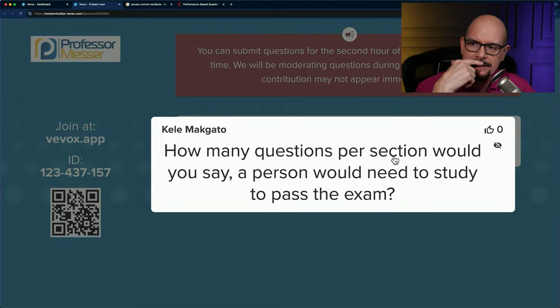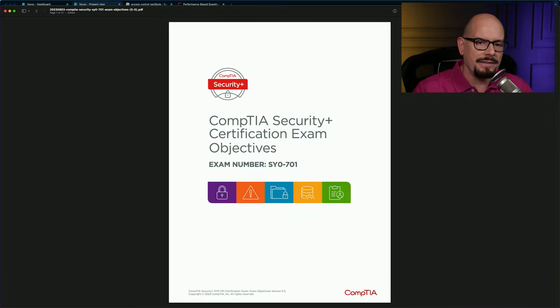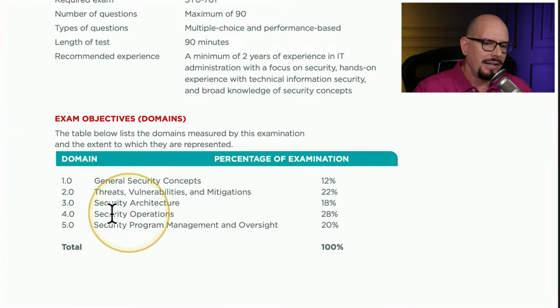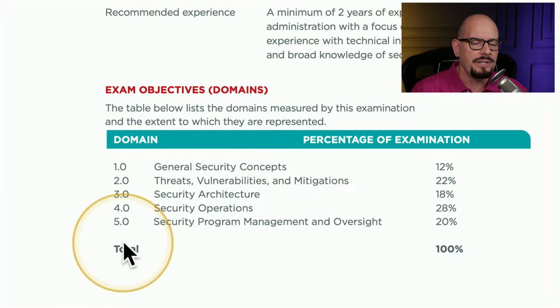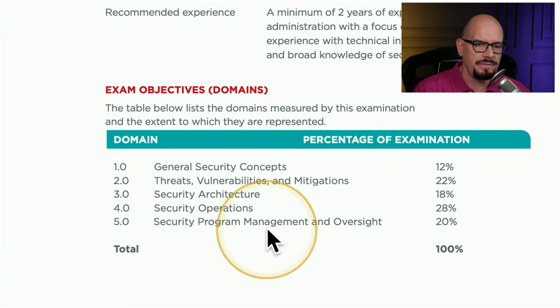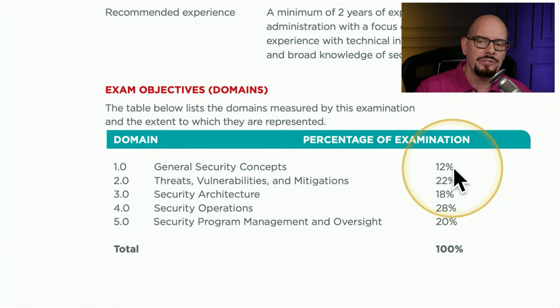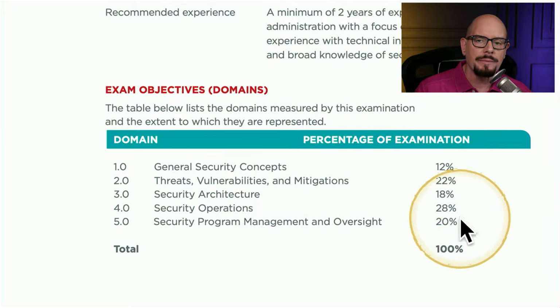Let's go back to the exam objectives here. At the very beginning of the exam objectives document is this table that tells us the different domains, 5 different domains. And of course, there's hundreds of bullets in each of these. But it tells you what percentage of the content in that domain will appear on the exam.